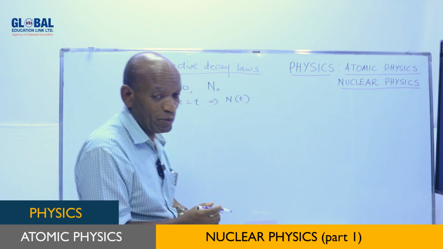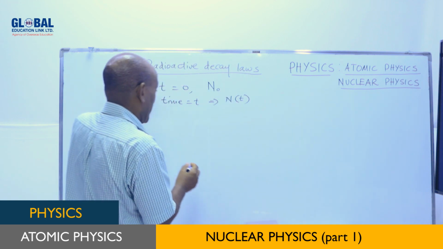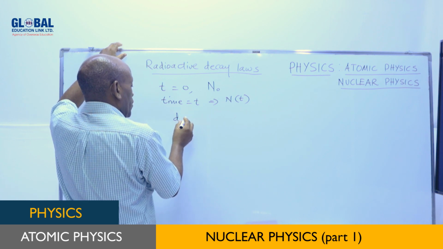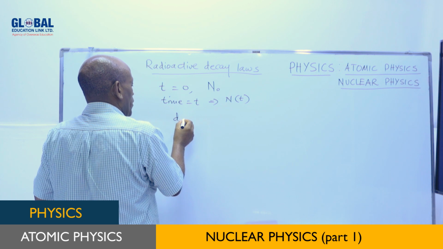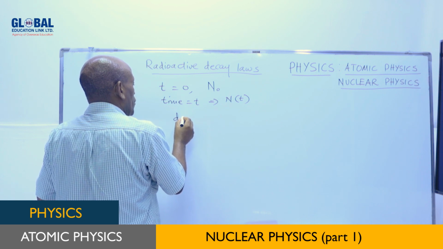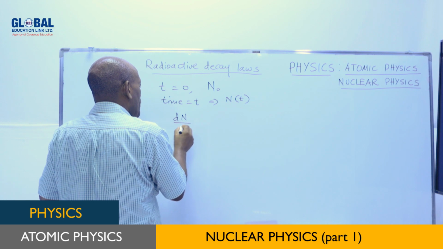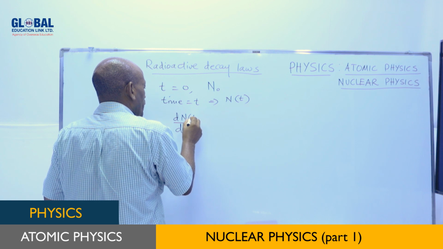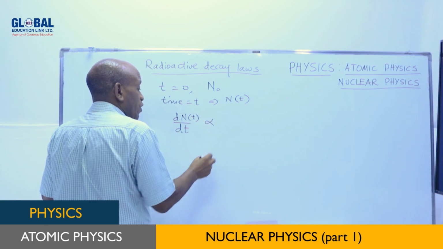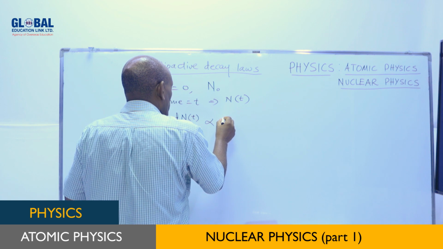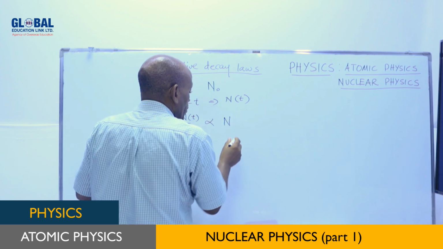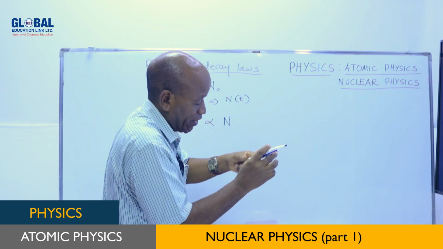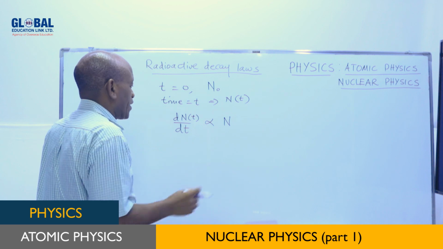So we can now look at the second law: the rate of disintegration, that is dN/dt, is always proportional to the number of atoms we have at any particular time t.